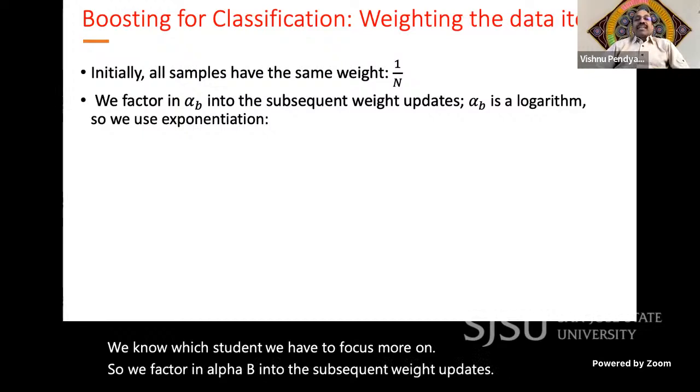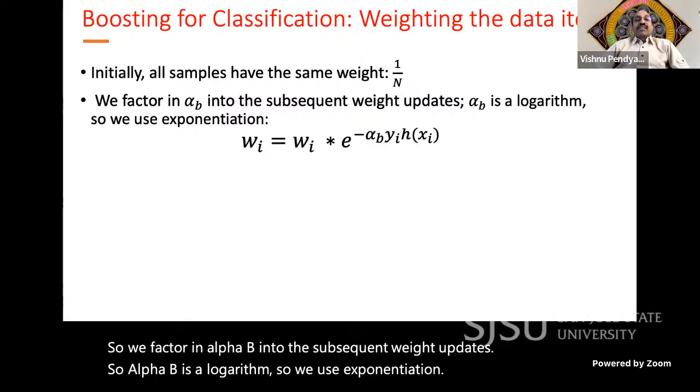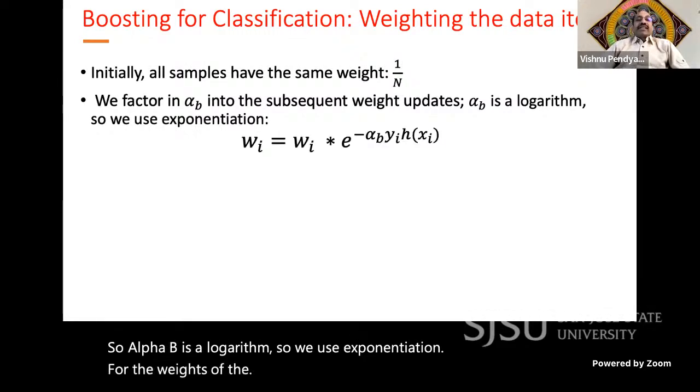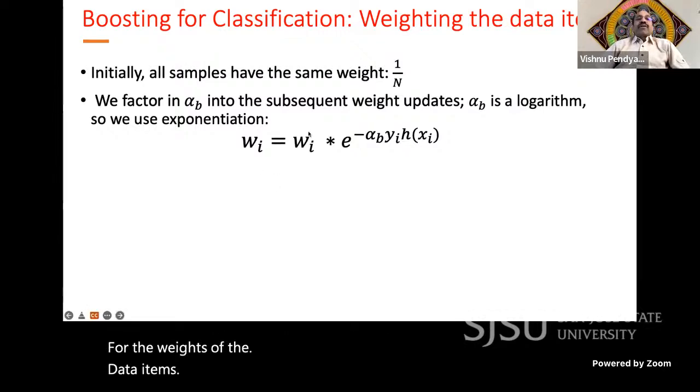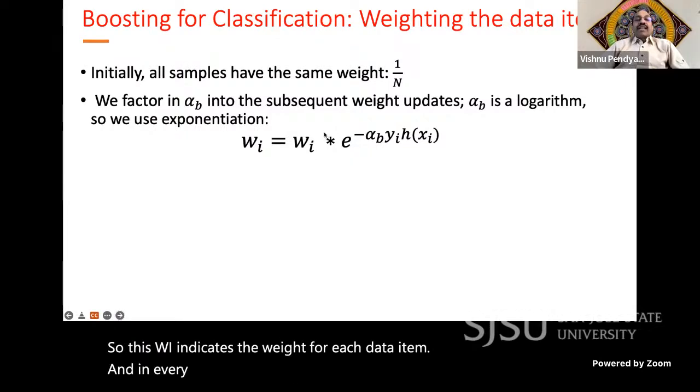So alpha b is a logarithm, so we use exponentiation for the weights of the data items. So this wi indicates the weight for each data item. And in every iteration, we update the weight by this quantity.